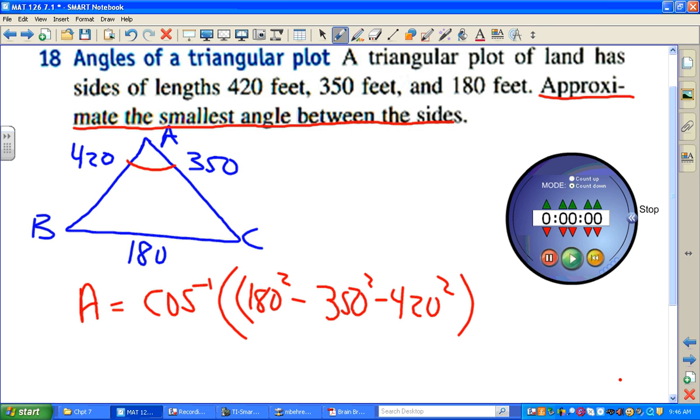I just scrolled back. Divided by negative 2 times 350 times 420. Close off with the denominator, then close off with the inverse cosine. 25 degrees? Okay, it must be right.